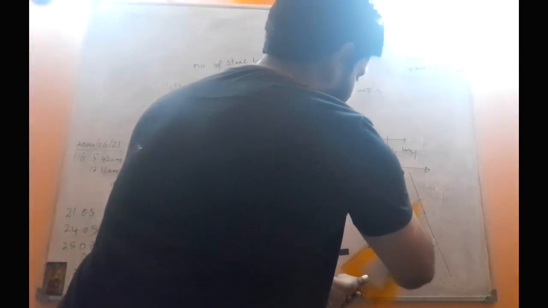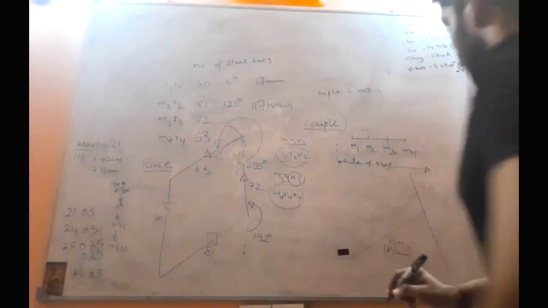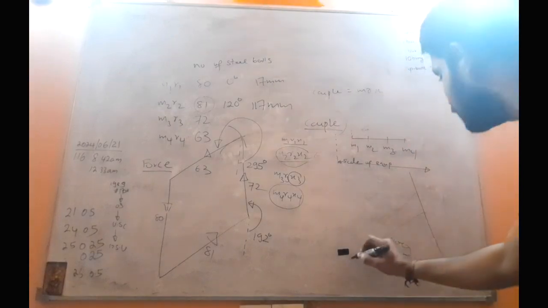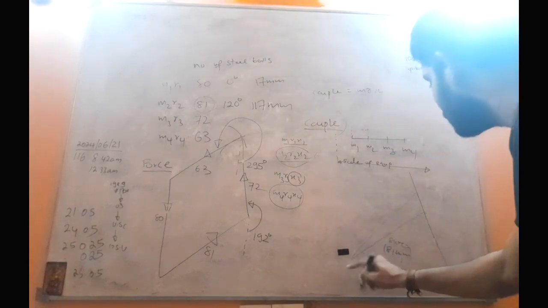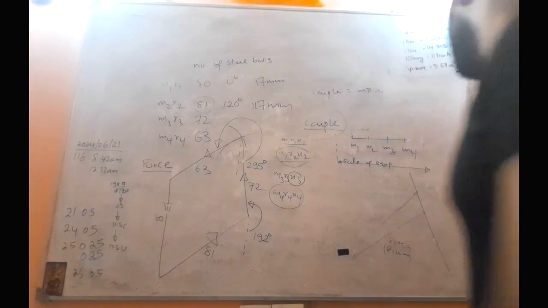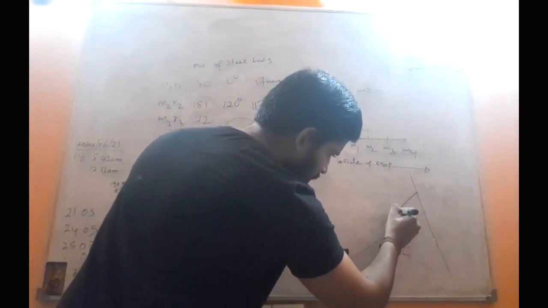Now you know this is the only possible way. I hope you got it right. I am just sketching it. So this is the only possible way, no other way. Let me sketch it again.